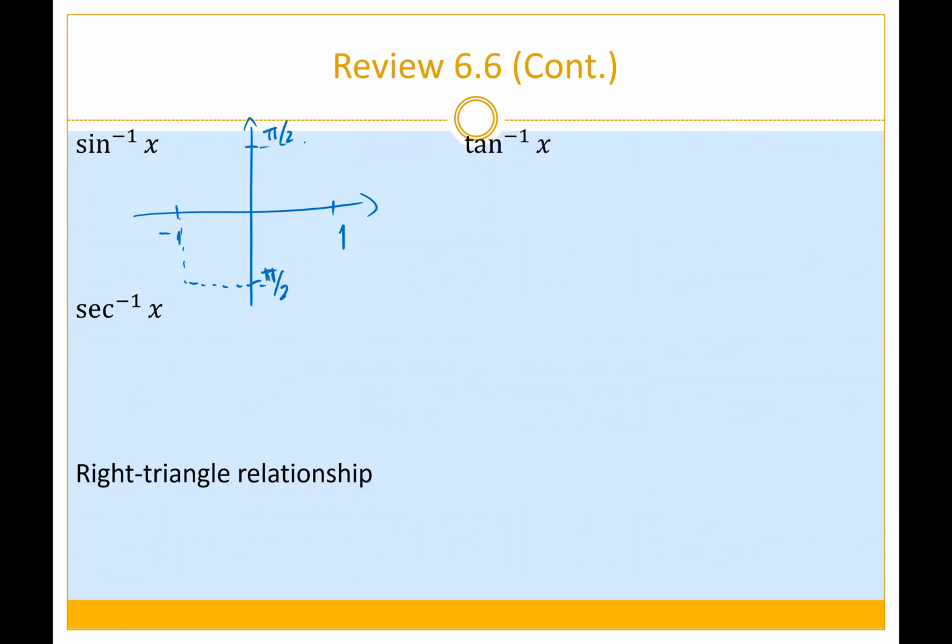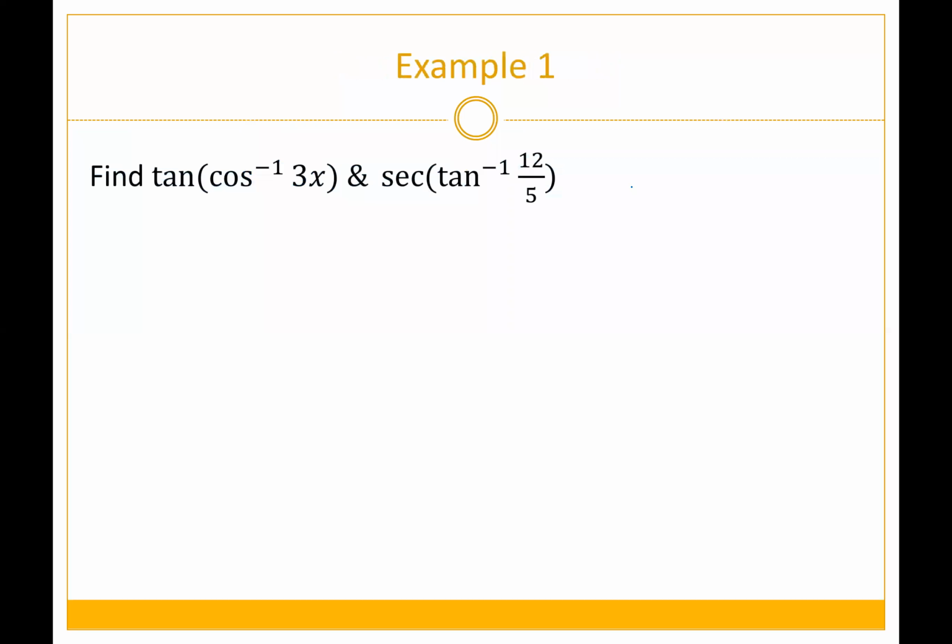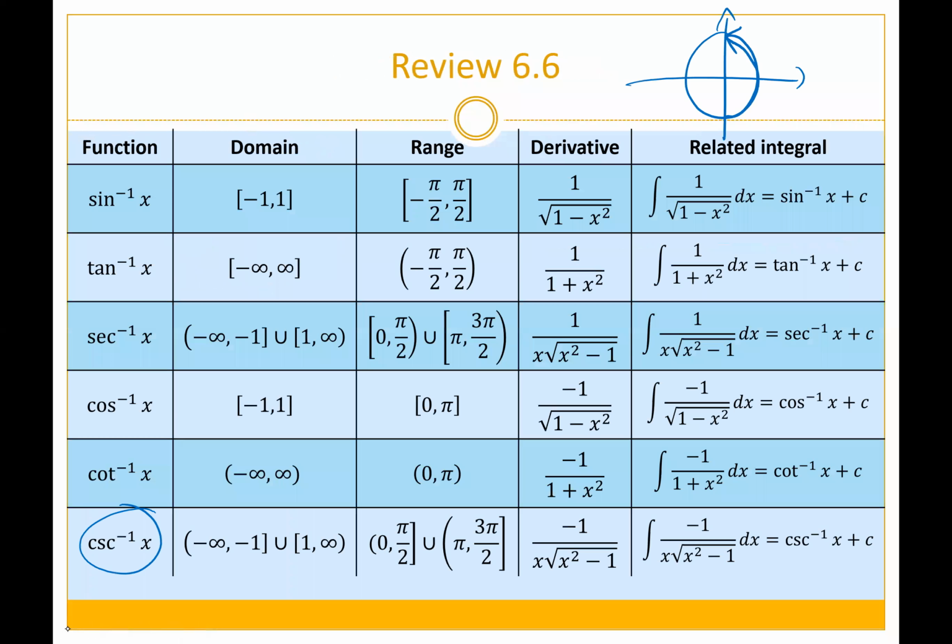And I found it's a very easy way to remember the material, instead of remembering that table. So this is inverse sine. Then we have inverse tangent. Inverse tangent, as we see here, is between negative pi over 2 and pi over 2, not including the endpoints.